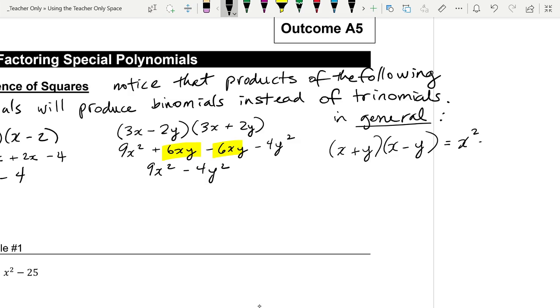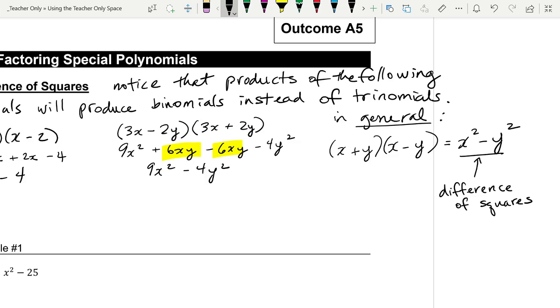You will always get x squared minus y squared. And there's fancy names for this. This result here is called a difference of squares.